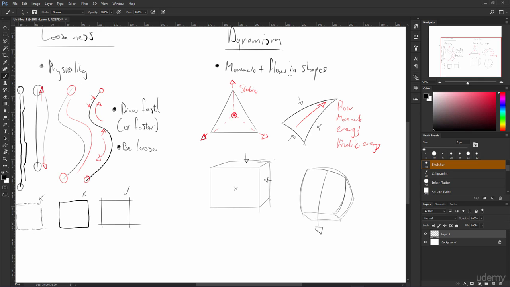Now, you might say to yourself, where does this apply? Does this apply only to living things? Generally speaking, in the natural world, I would say definitely. And when I say living things, I don't just mean things that can move. It applies to trees, plants, anything that's alive, really, has some kind of directional flow. Things like mountains, you do want them to have directional flow in them because they were formed in some way via energy.